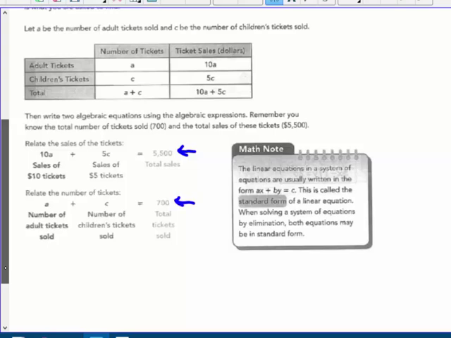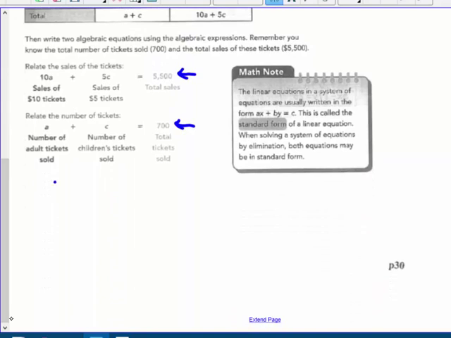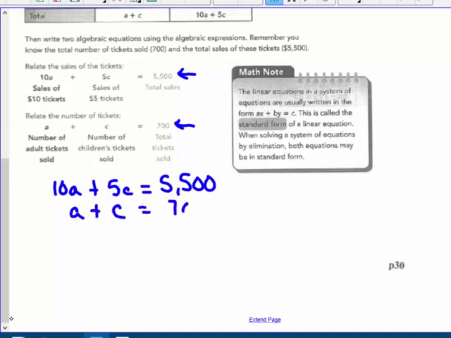So we have two equations that we could solve. 10a plus 5c equals 5,500 and a plus c equals 700.